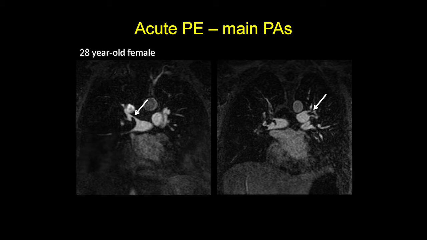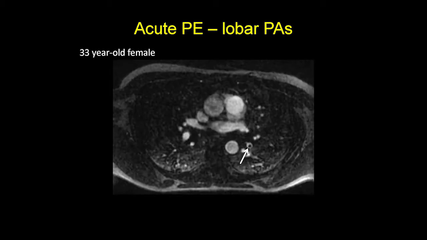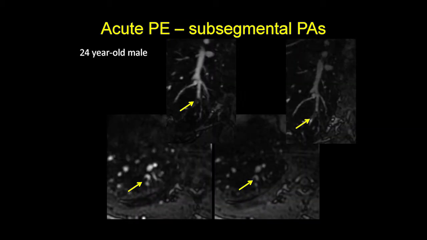They look just like you'd expect them to see based on CT. Here's an example of a large filling defect in the main pulmonary arteries, a smaller filling defect in one of the left lower lobe pulmonary arteries, and you can also see small subsegmental pulmonary emboli very clearly with image quality like this.